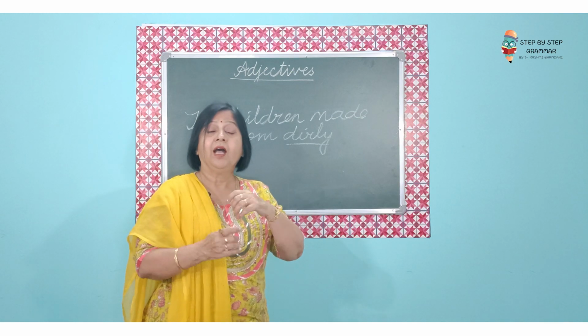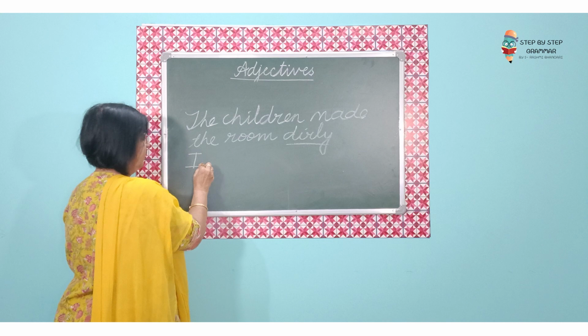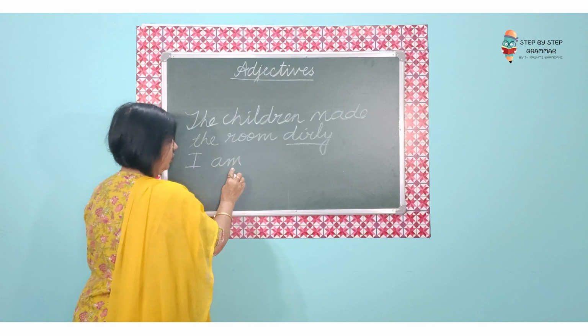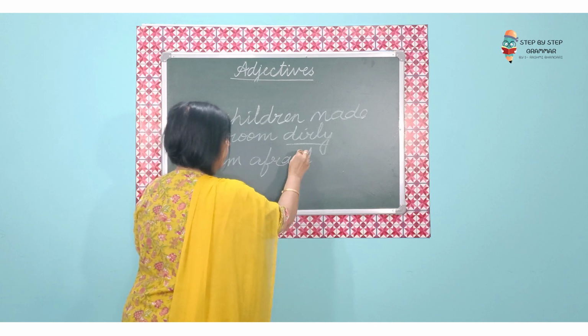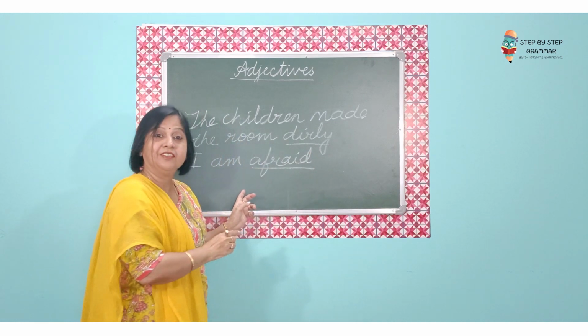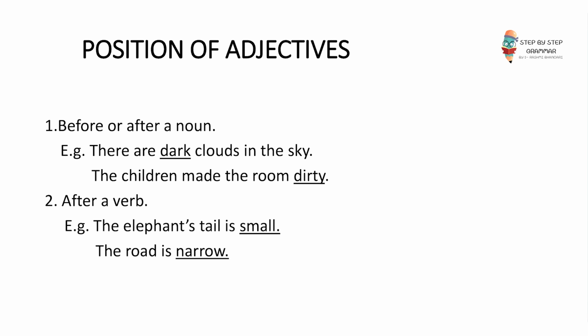So before a noun or after a noun, it can come, or an adjective can also come immediately after a verb. I am afraid. So where is it coming? After the verb am, I am afraid. So the word afraid over here is the adjective. The elephant's tail is small. Is is the verb. And where is the adjective?